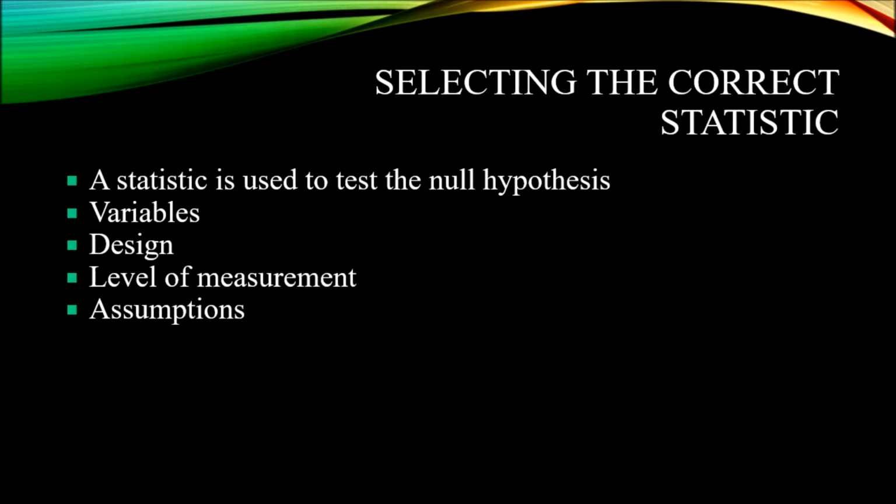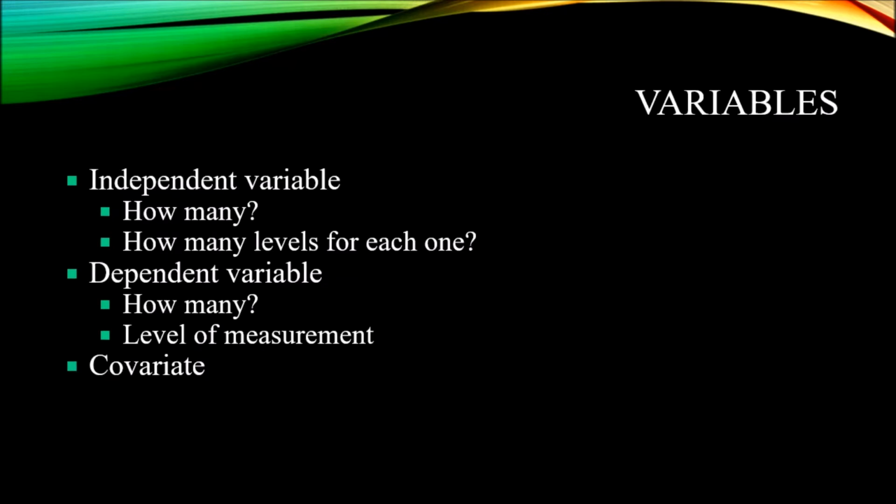So let's take a look at the first level here, which should be variables. This would be the first item you want to consider when you're trying to work out what statistic to use. I have three types of variable here: independent, dependent, and a covariate.